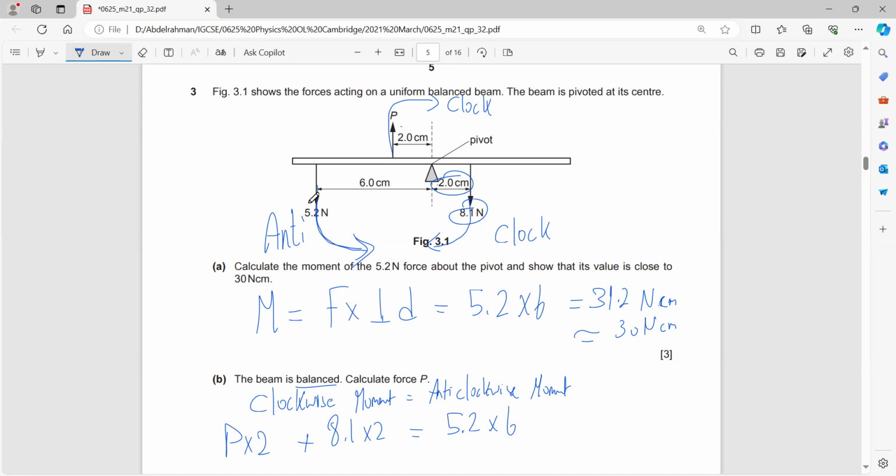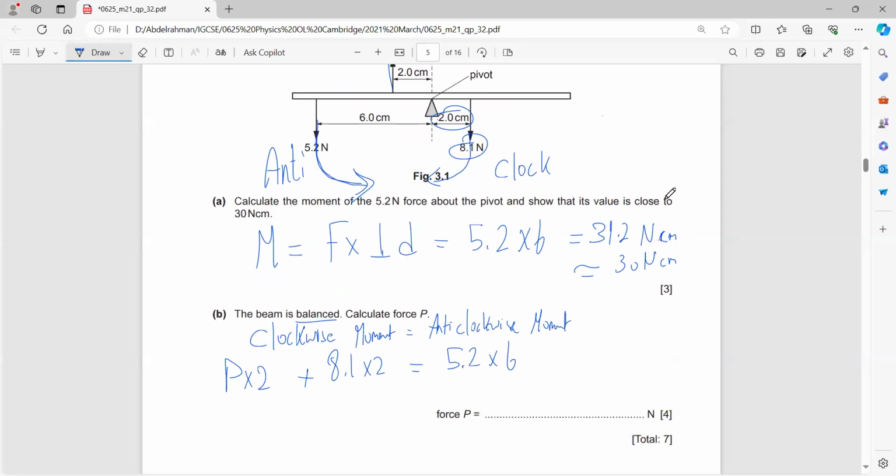So we just look at each force we have. Here we have two clockwise moments and we have only one anti-clockwise moment.